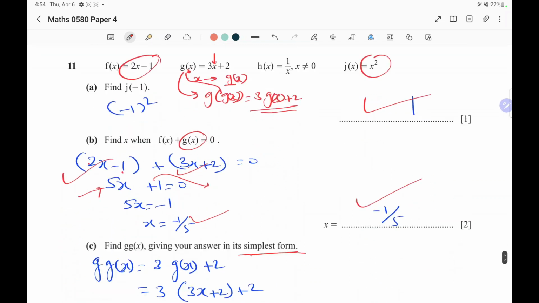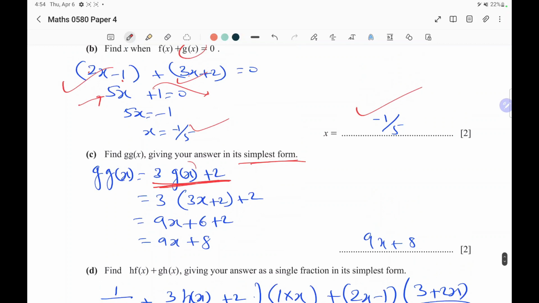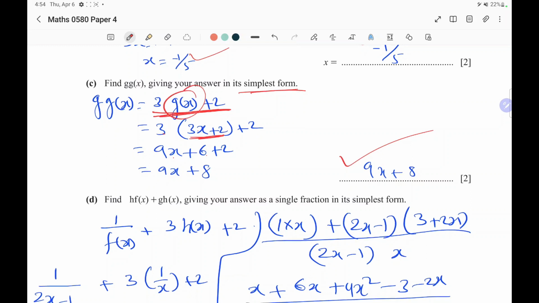So g of g(x) you understood, which is 3g(x) plus 2. But this g(x) again I have to substitute. So g(x) value was 3x plus 2. So 3 times 3 is 9, and then 3 times 2 is 6, and plus 2. So 9x plus 8.